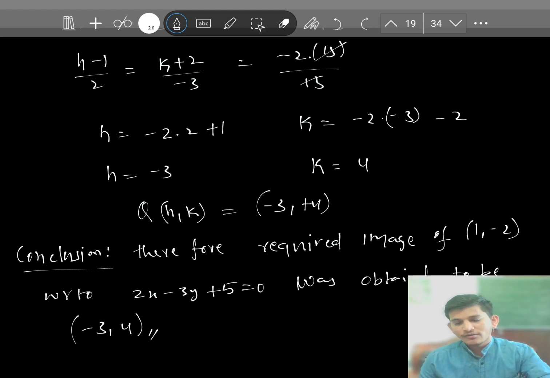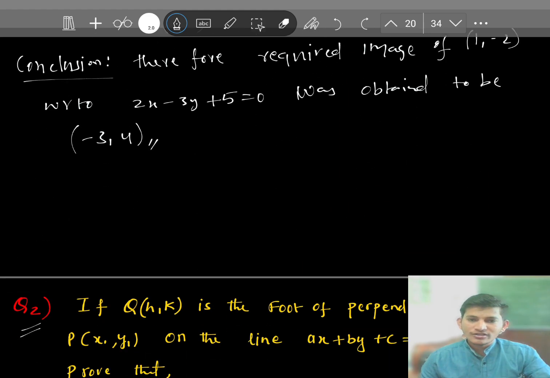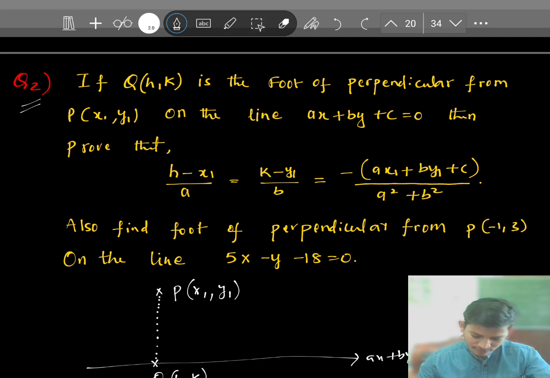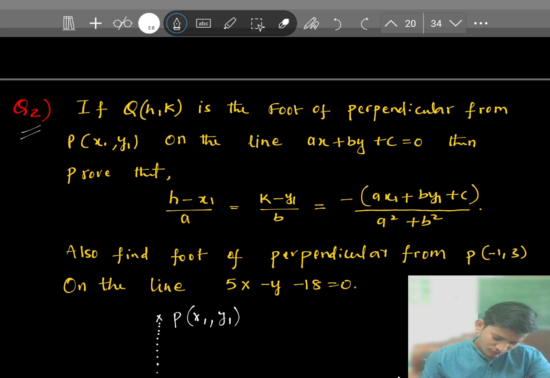Let me go with the second one, that is the foot of perpendicular on the straight line with respect to P of x1 comma y1. So here's the question.